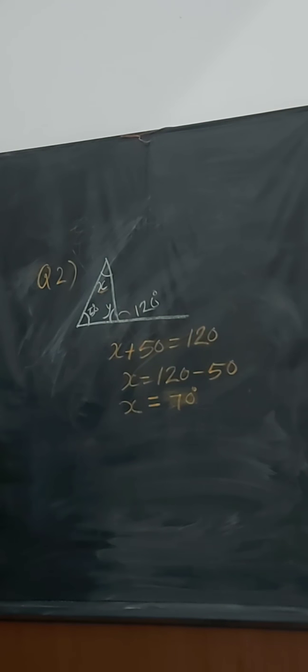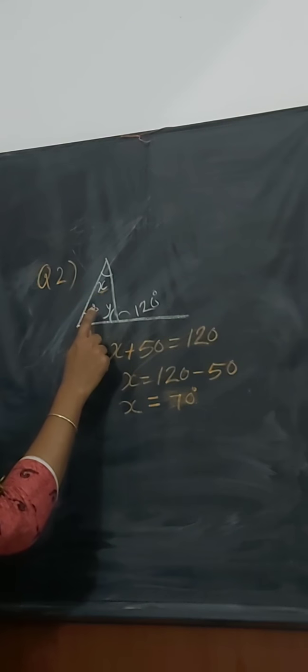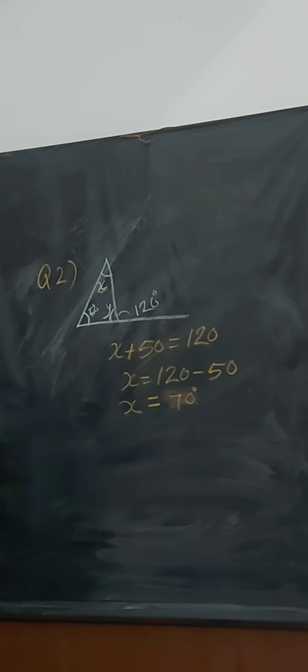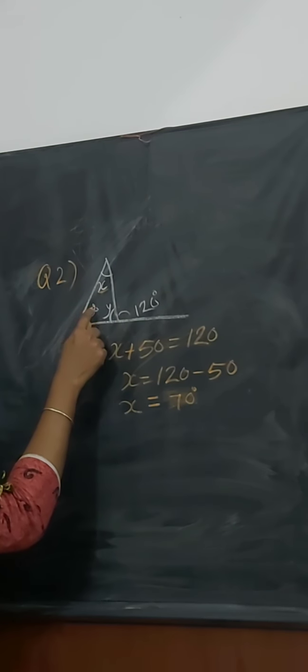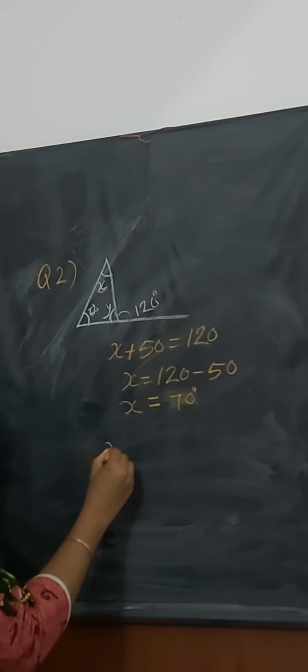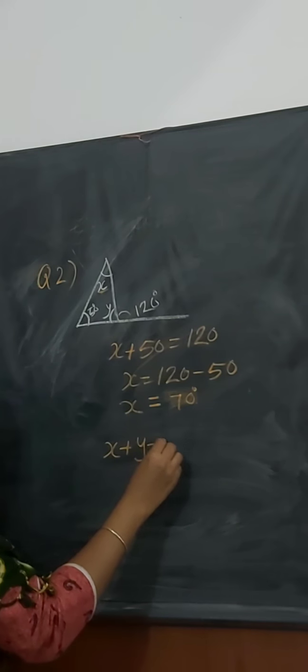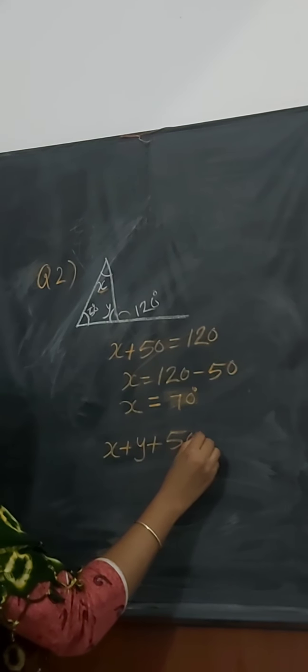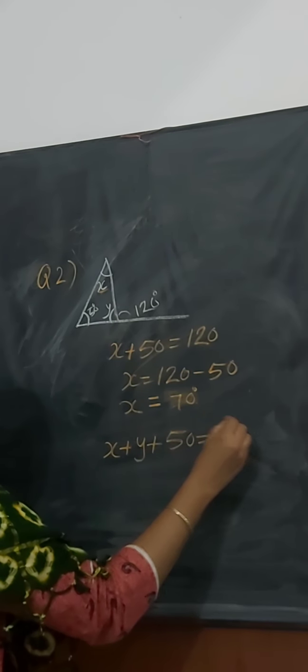Okay. Next we use the angle sum property. What is the angle sum property? The sum of all interior angles is 180 degrees. X plus y plus 50 equals 180 degrees.